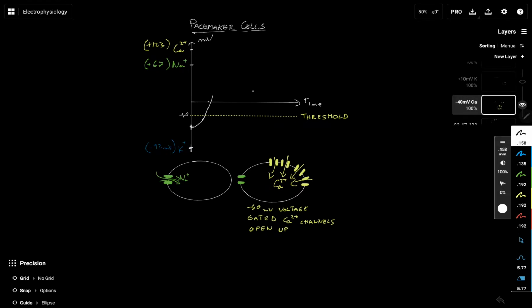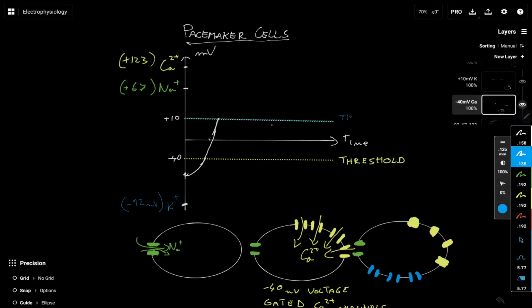Not as fast as you will see later on in a contractile cell, but still quite fast, until it reaches another threshold point, which is plus 10 millivolts. At plus 10 millivolts, this is another threshold.